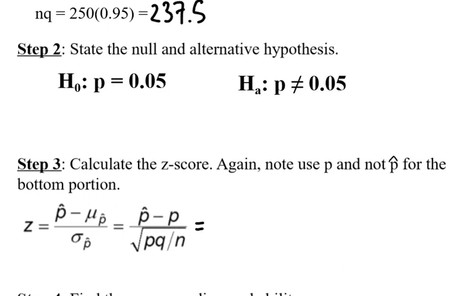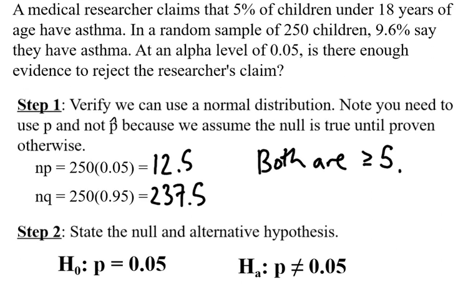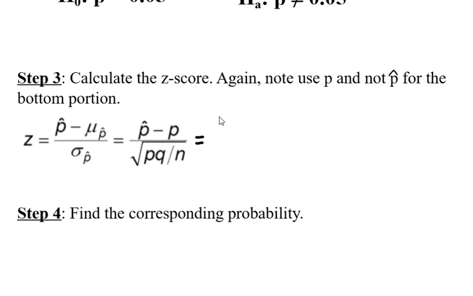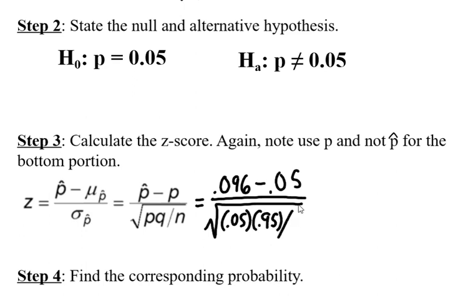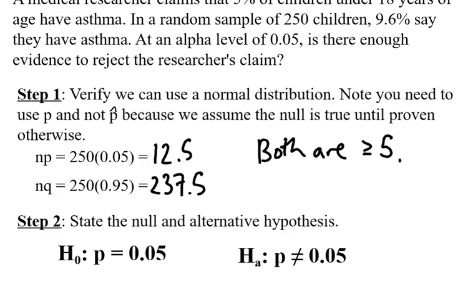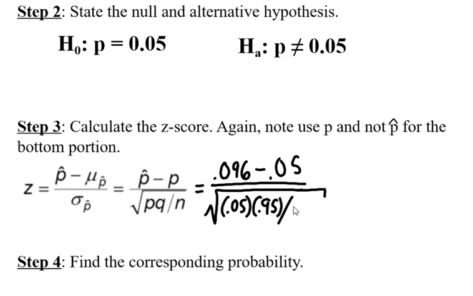This is going to be p hat, the proportion, which was 9.6%. We should do 0.096 minus p, 5%, so 0.05, divided by the square root of p, which is 0.05 times 0.95, divided by our sample size of 250.